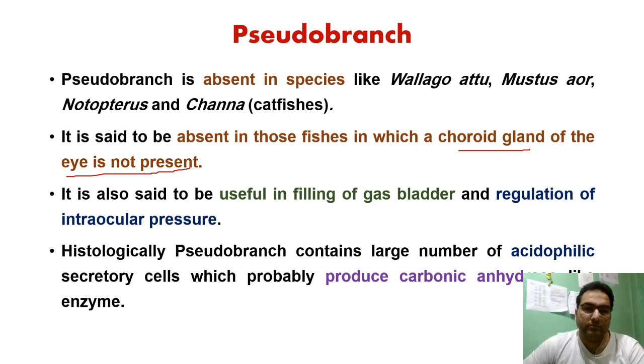Histologically, the pseudobranch contains a large number of acidophilic secretory cells, which probably produce the carbonic anhydrase enzyme. The pseudobranch also receives oxygenated blood directly from the dorsal aorta, and has a vascular connection with the internal carotid artery.